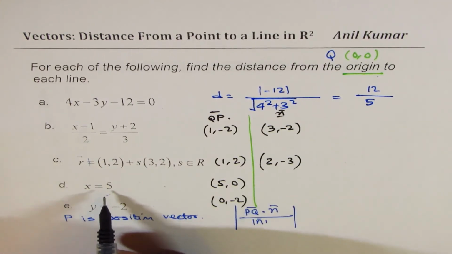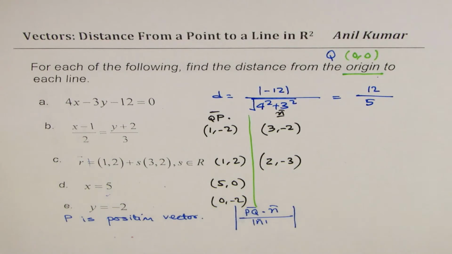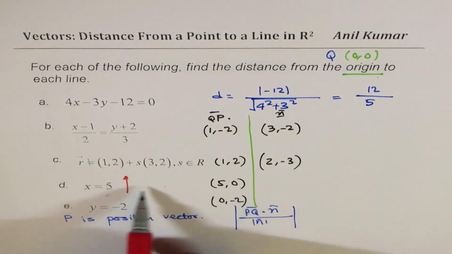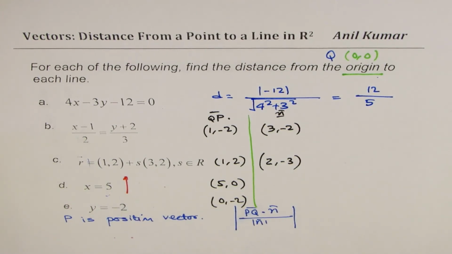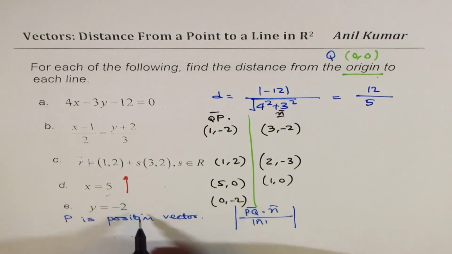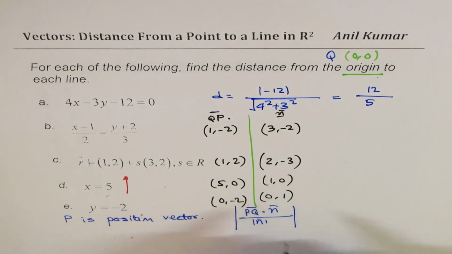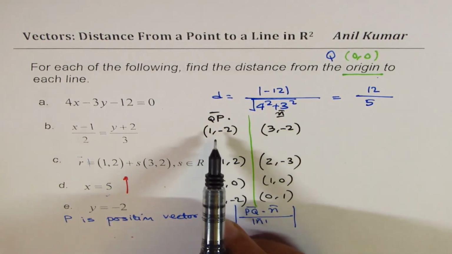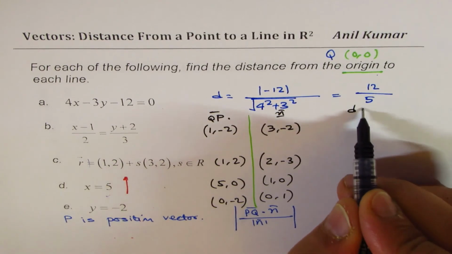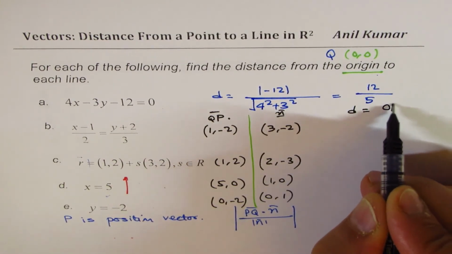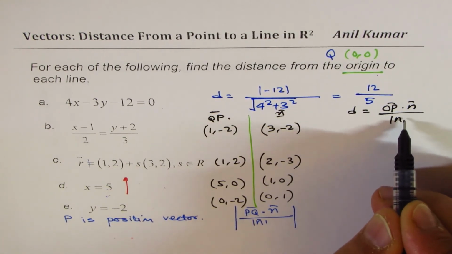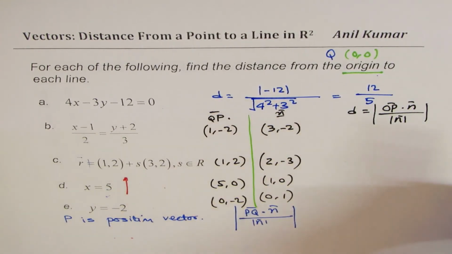In this case, this is the vertical line, see. Well, this is a vertical line. So the normal is along the x, correct? So the normal is along the x, which is (1, 0). And this is a horizontal line. Normal is along y, which is (0, 1). Is that okay? So that becomes the normal. And now you can do their dot products. So you can make the third column of distance, which is OP or QP dot N over magnitude of N, the normal, absolute value.